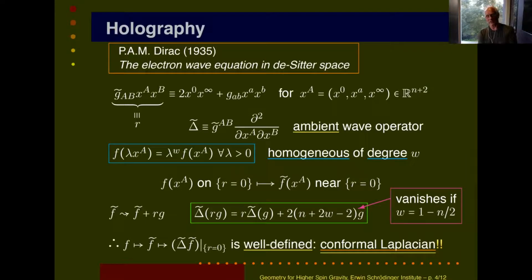We'll come back to the conformal Laplacian later, but this is in dimension n equals 2. It's just the Laplacian, which is well known to be conformally invariant. And otherwise, it's something acting on functions of appropriate homogeneity, or if you like, functions on the sphere of an appropriate weight.